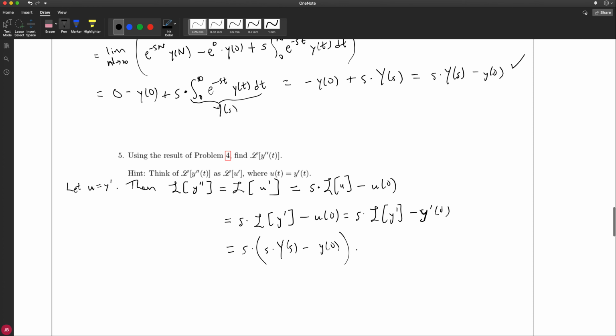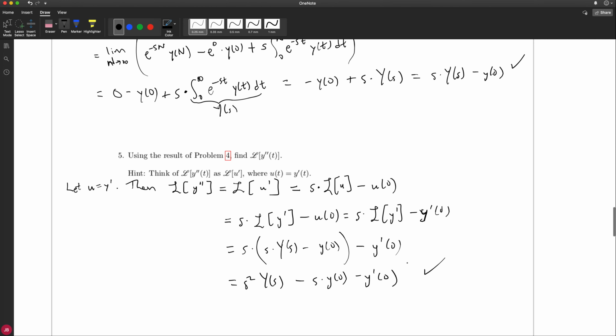And now don't forget this minus little y prime of 0. And now just distribute, so you get s squared capital Y of s minus s times little y of 0 minus little y prime of 0. And that's exactly what we have on the chart. So you see that this is a much easier process.